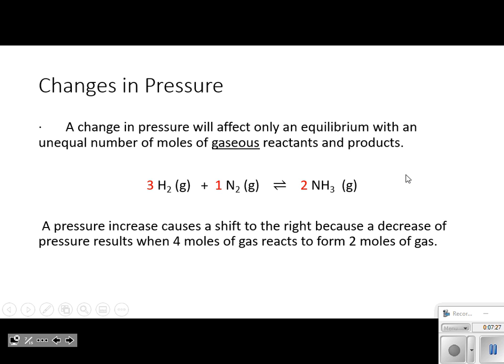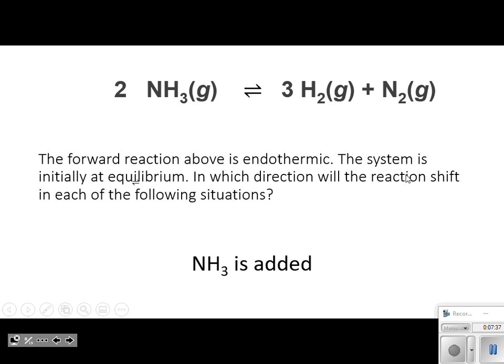Okay? Now we're just going to look at some of these LeChatelier's problems because I've got a little piece of paper here and I put it on the next few slides. It says the forward reaction above is endothermic. The system is initially at equilibrium.